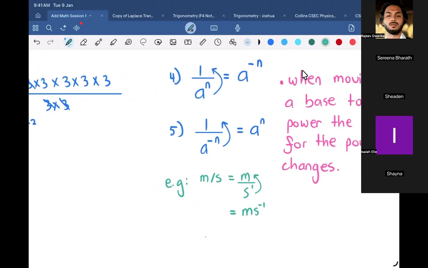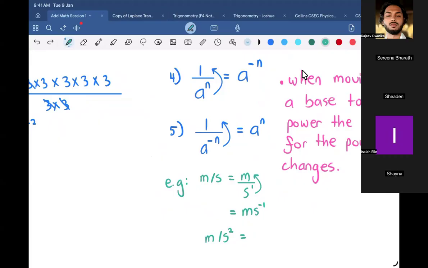What about this one? I want you all to write this for me in terms of negative powers, or you could just call it out for me. What would m per second squared be? By the way, Isaiah, I sent you a question on the form for chat.